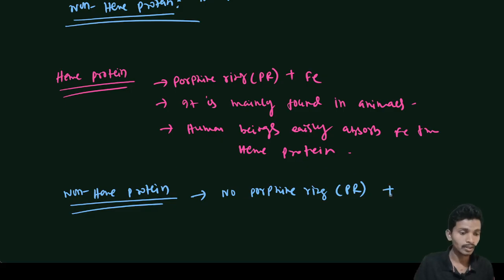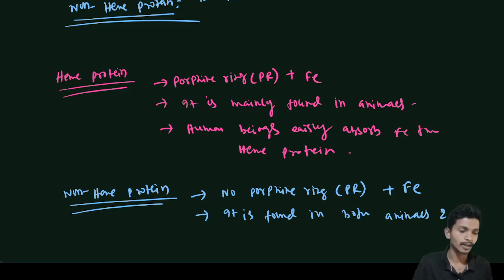Only Fe is present. It is found in both animals and plants.